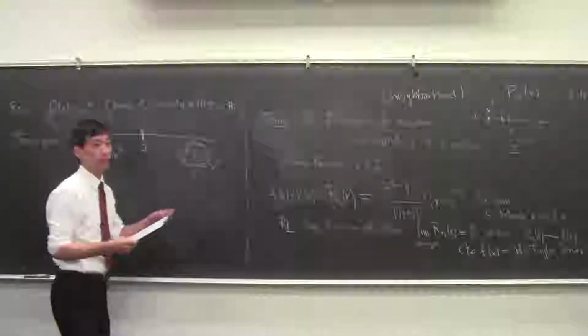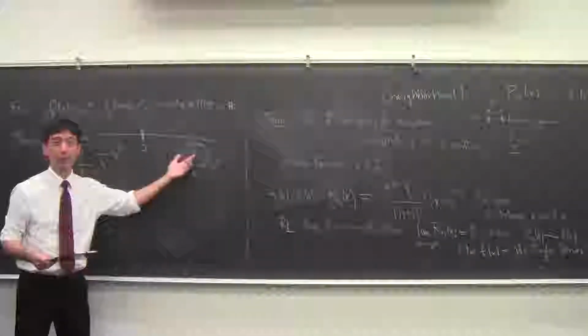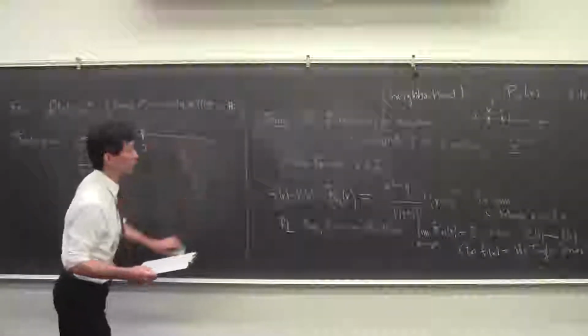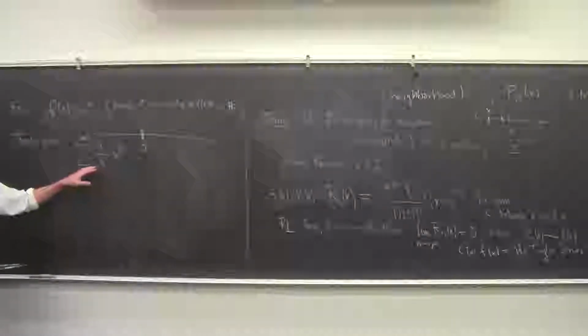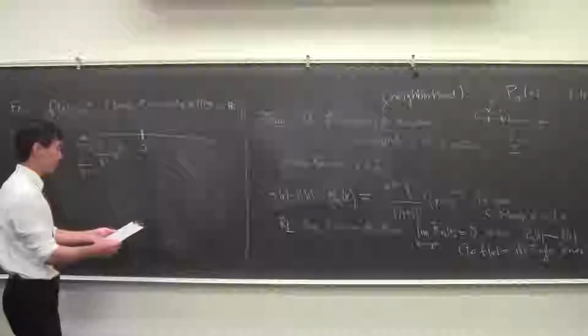But the kth derivative of e to the x is e to the x, and you evaluate that at 0, you get 1. Okay. So we're wondering, how good is the Taylor approximation?